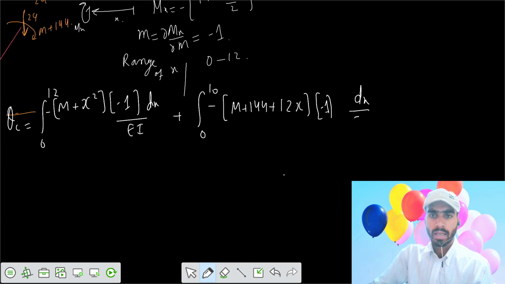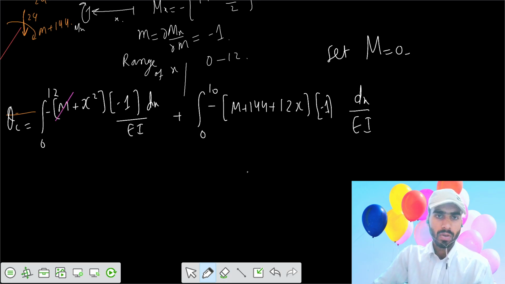dx by EI. Now we set the value of M equals to 0. If you set M equals to 0, this one becomes 0, this one becomes 0. Finally your theta C becomes integral 0 to 12 of x square dx by EI, plus integral 0 to 10 of (144 plus 12x) dx by EI.